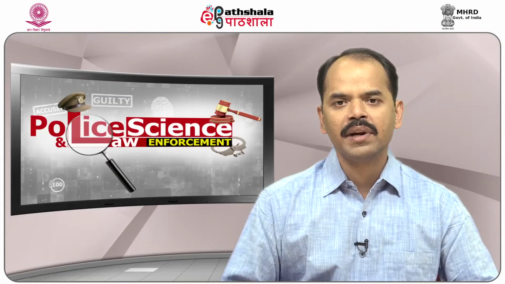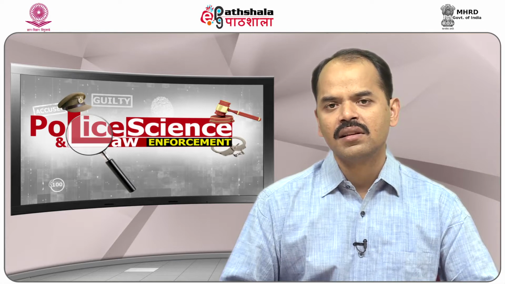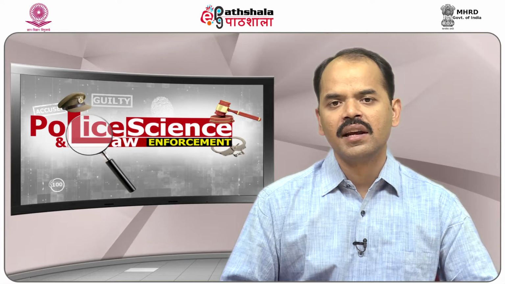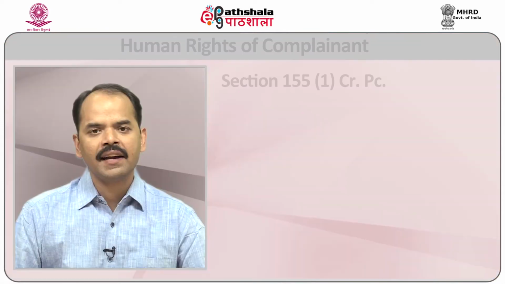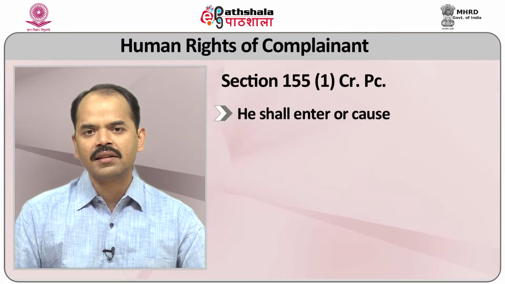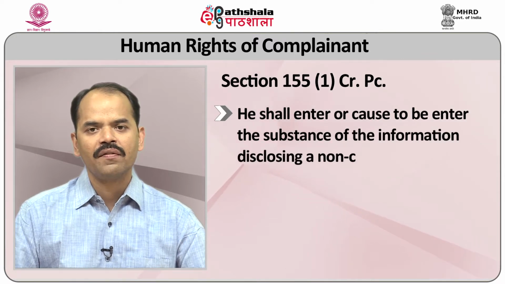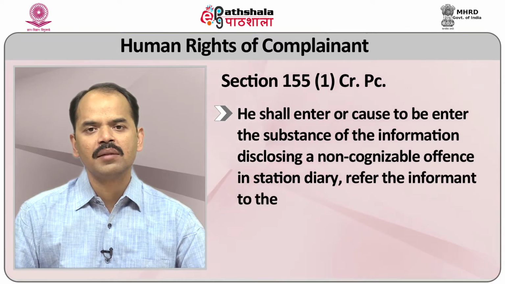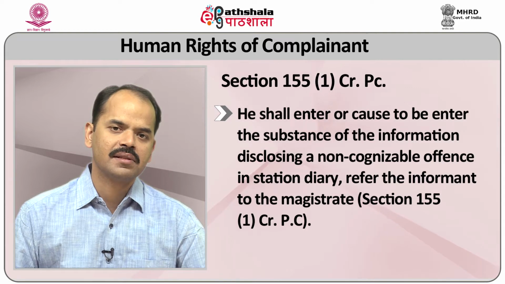In case the complaint made to the police officer by the citizen does not disclose the commission of any cognizable offence, the police officer in charge of the police station can refuse to investigate the complaint. He shall enter or cause to be entered the substance of the information disclosing a non-cognizable offence in the station diary and refer the informant to the magistrate under Section 155 subclause 1 of CRPC.